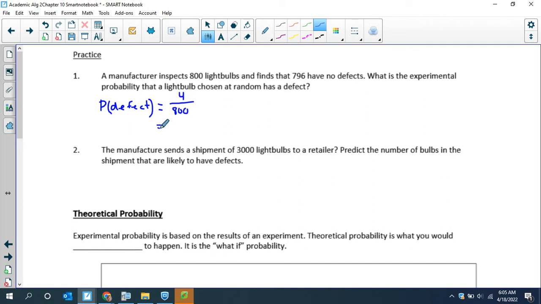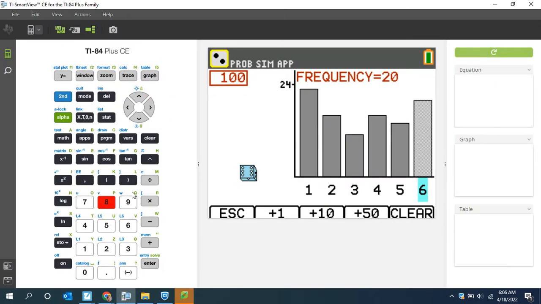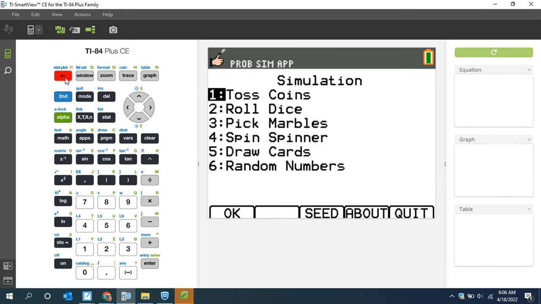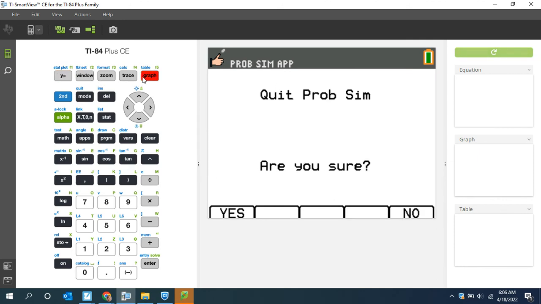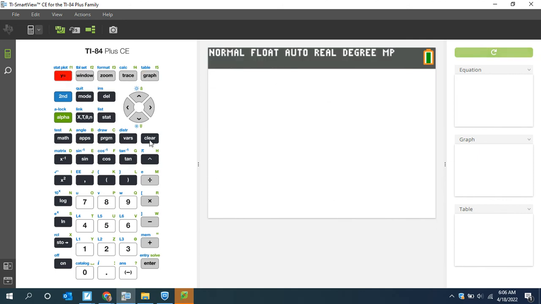Now we do want to reduce that, and to reduce that on our calculators, remember we can do 4 divided by 800.